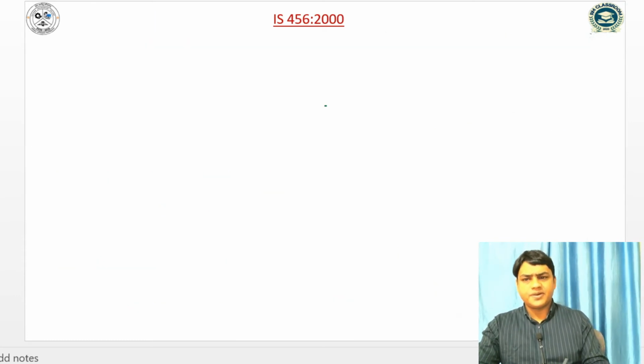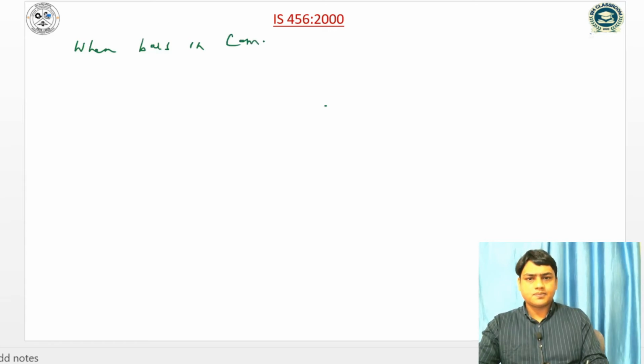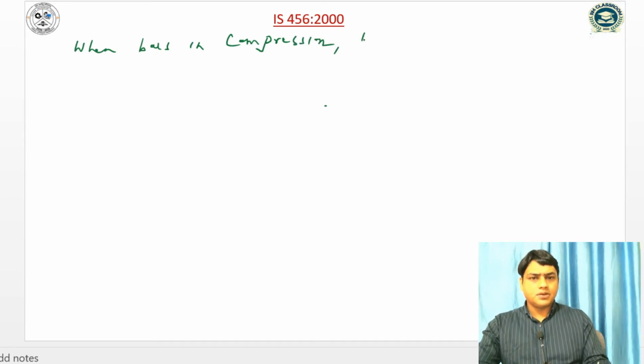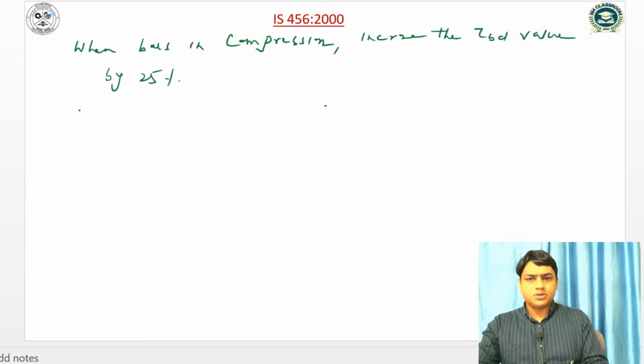And when bars are in compression, we can increase the tau BD value by 25%.